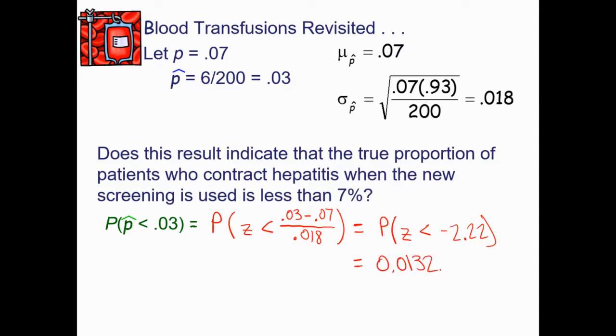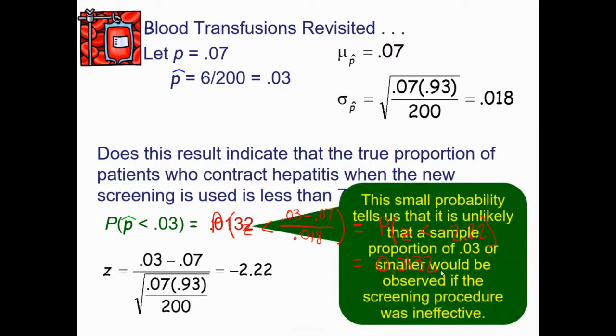I guess it's safe to say that they're correct about the less than 7. Yeah, I think they're safe to say that too. So this small probability tells us that it's unlikely that a sample proportion of 0.03 or smaller would be observed if the screening procedure was ineffective.